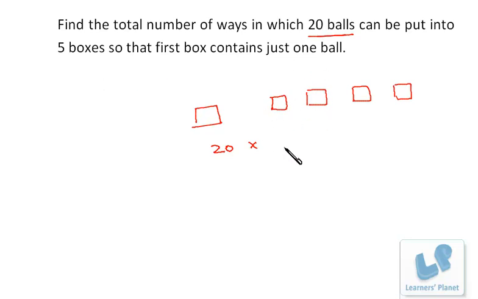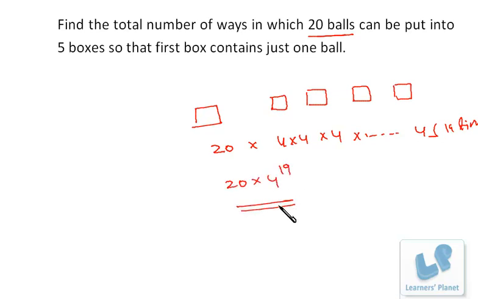For the second ball we have 4 choices. For the third ball we have 4 choices. For the fourth ball we have 4 choices. Till the 19th ball we have 4 choices, right? So it's 20 into 4 raised to 19, right? That is the answer. And I'm sure you are clear.